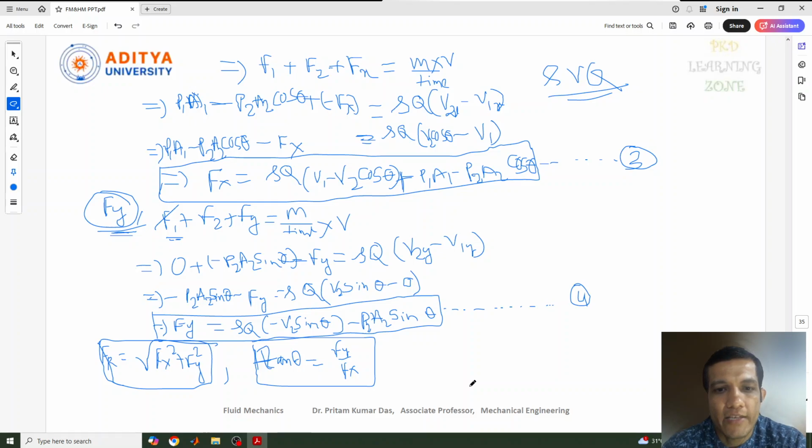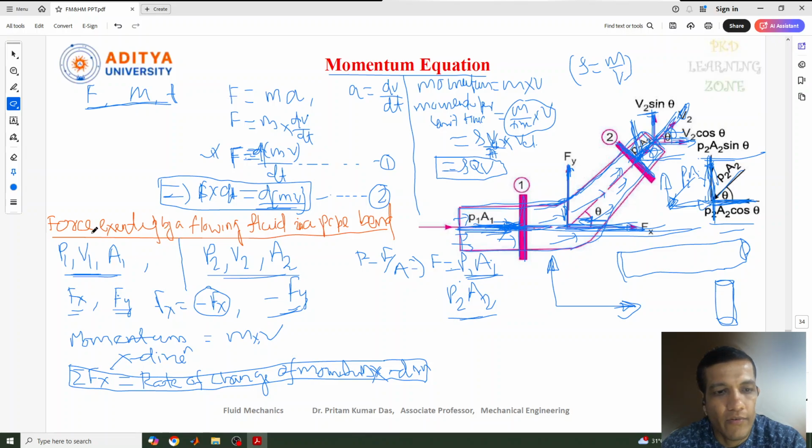Now I hope you understand this derivation of the force exerted by the flowing fluid on a pipe bend. The concept is very simple and clear. We need to just find out what forces are acting at these two different sections. This is one section and this is the other section, and we have identified the net force acting at each.